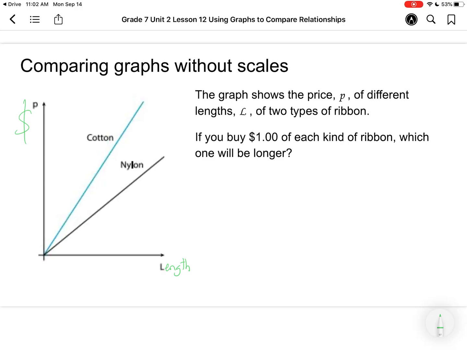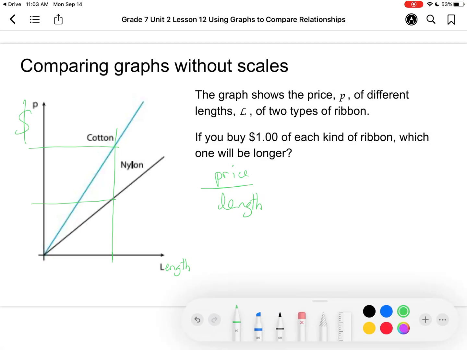So if we were asked the price per the length, we could pick some random length, and we could see that the cotton has the higher price, because we're looking at price per length, and the length is in the x-axis. Cotton has the higher price, nylon has a lower price. However, that's not what we're asked. We're asked if you had $1 and you went into a store, which would you get more ribbon? Which ribbon would you get more of, the nylon one or the cotton one?